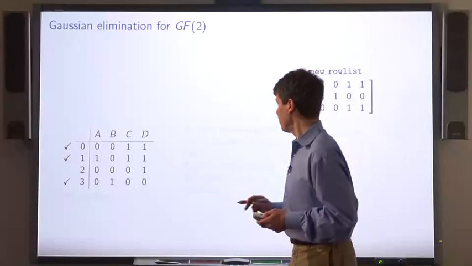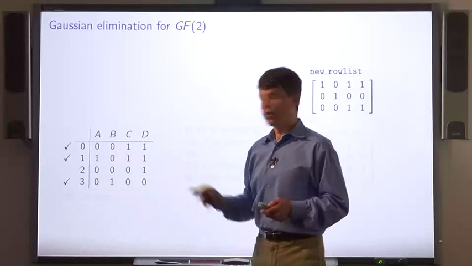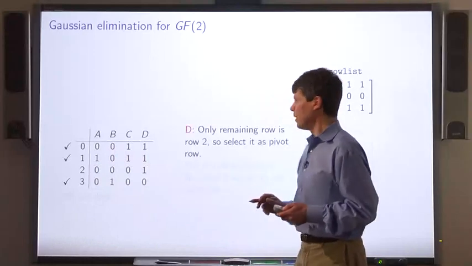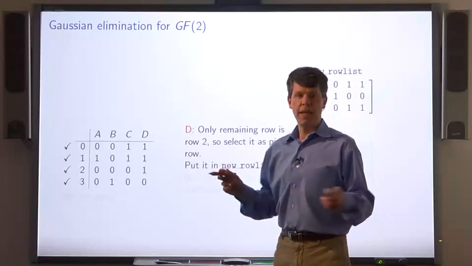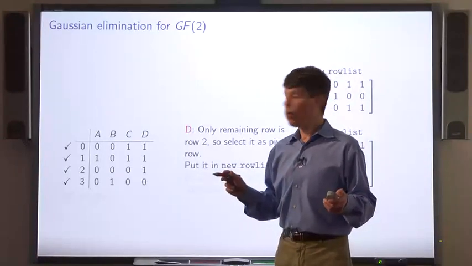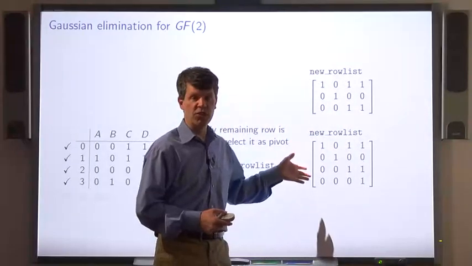Finally, column D. The only remaining row is row 2. So the algorithm selects row 2 and adds it to new row list. And no other row operations are required. The algorithm is done, and it's come up with a basis for the row space.